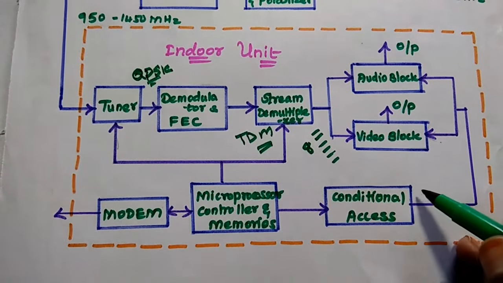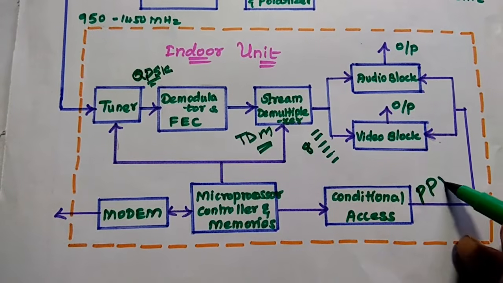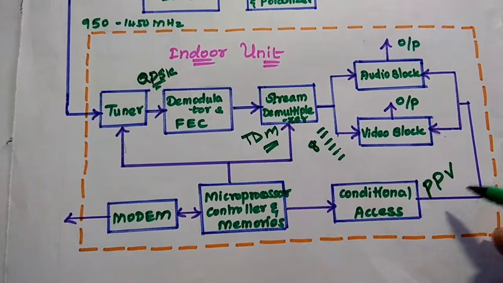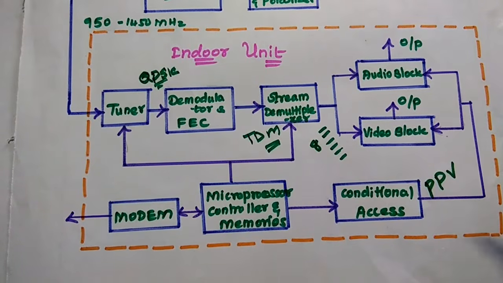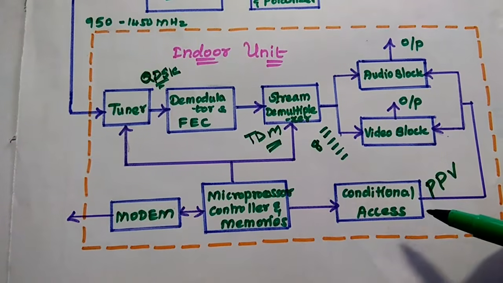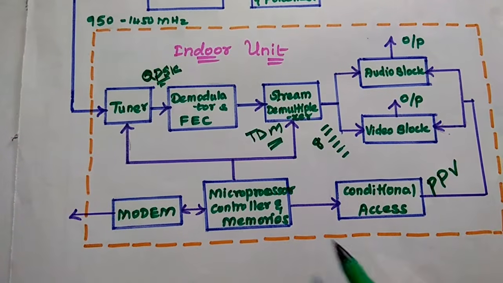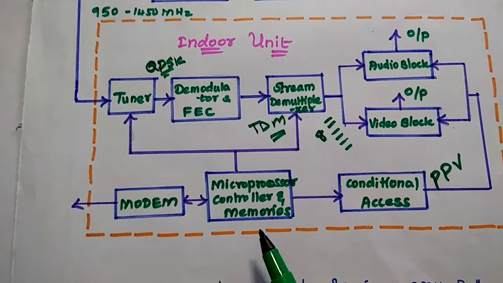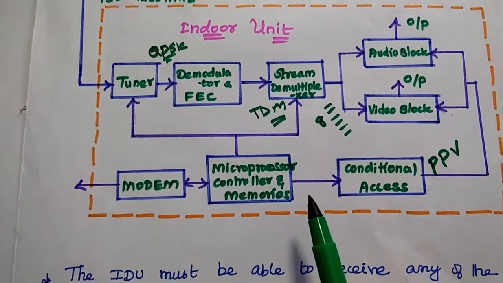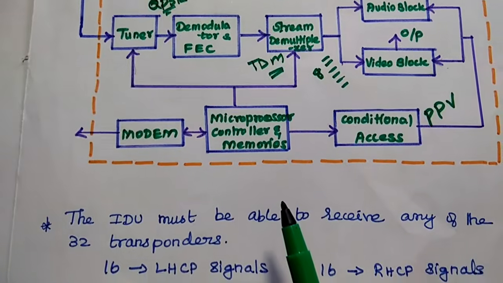Conditional access is nothing but PPV, that is pay per view. That means we need to pay a certain subscription amount for each channel, right? For that we get the conditional access through this microprocessor and controller memories in the indoor unit. These are all very important parts in this indoor unit.